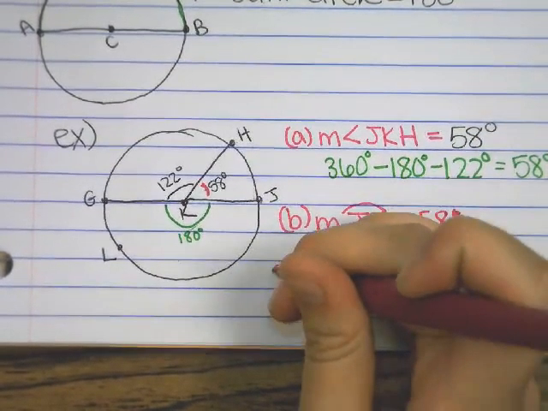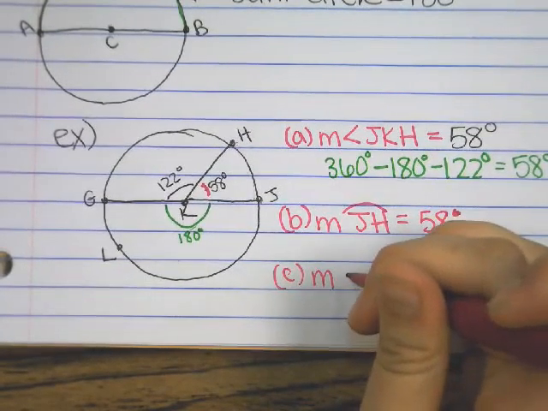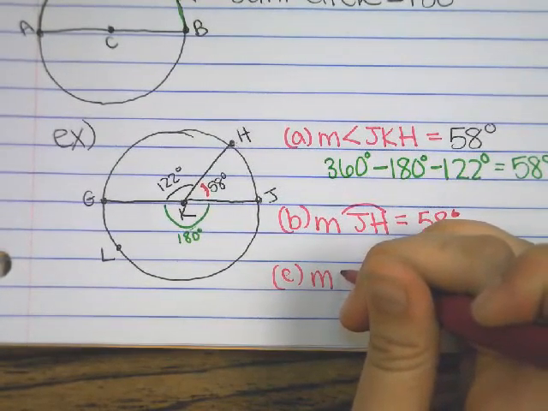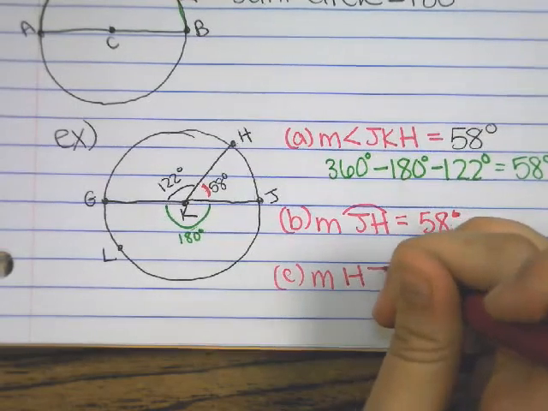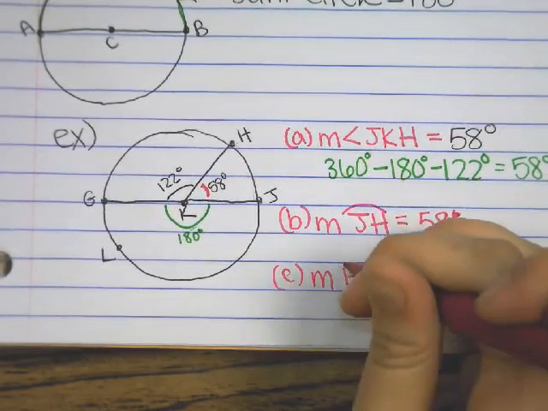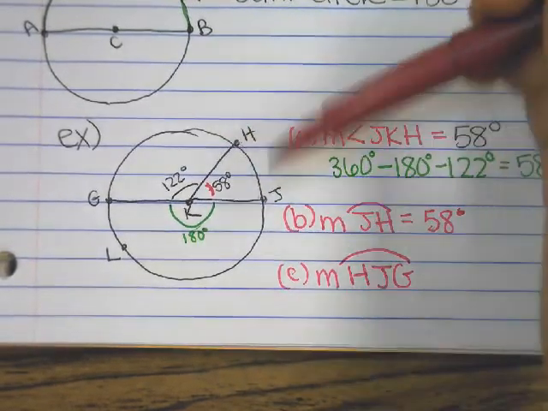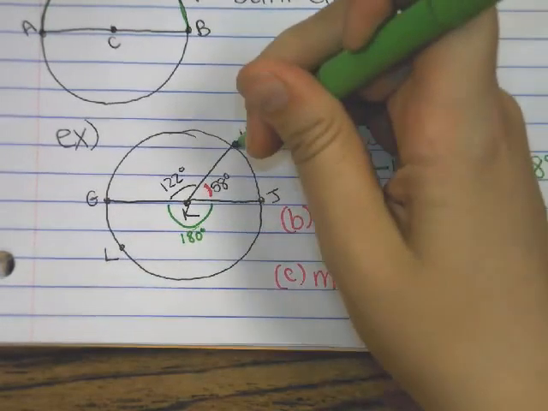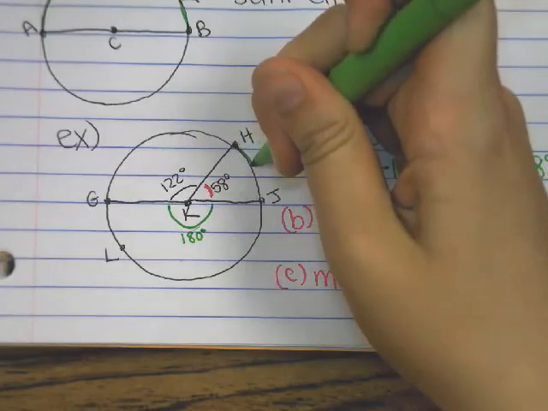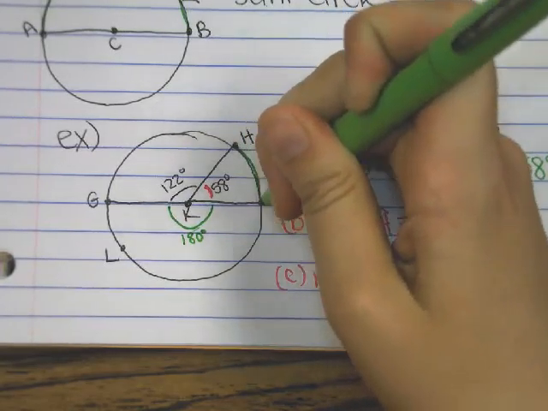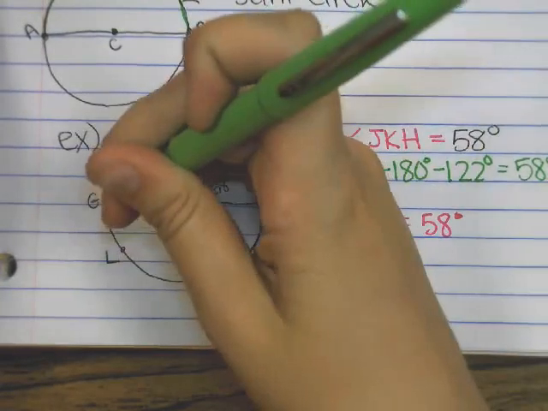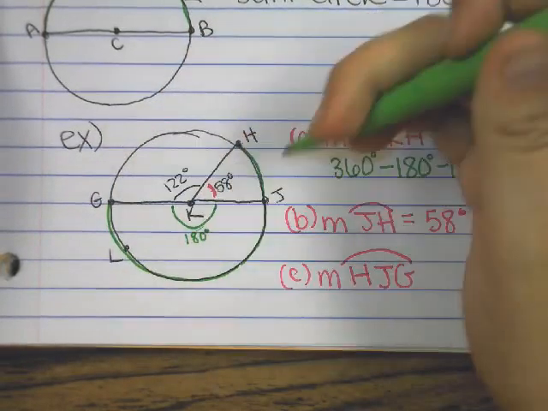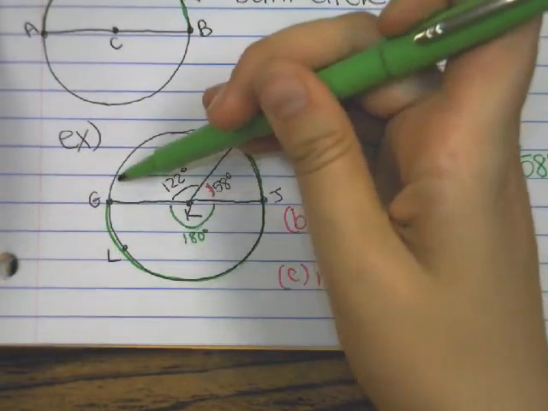The other thing that could be asked is the measure of arc HJG. For this question, it's asking us to go from H. The shortest distance to J is to go here, and now it wants us to go all the way around to G. So it's asking for all of this.